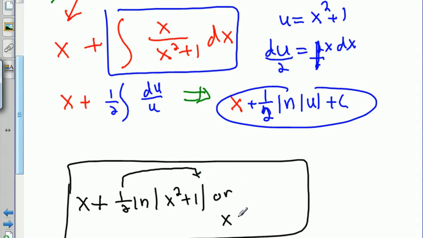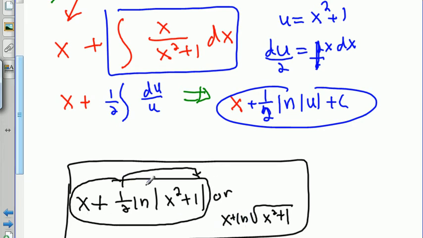They might have x plus ln of the square root of x squared plus 1. They're just using properties of exponents to make it what they think is simpler. I think it's more complicated. So we're happy with this answer, okay? But sometimes they're going to take this and put it up here as an exponent because of log properties. And then it'll become a 1/2 exponent, which is a square root.